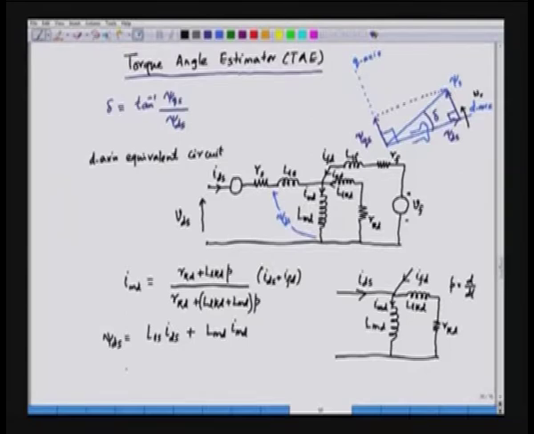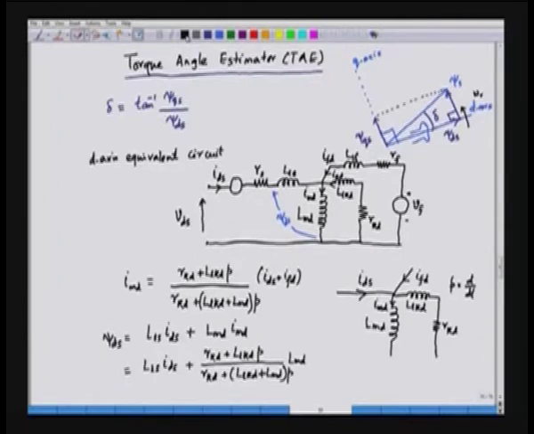So, this we can simplify and expand this, that is LLS into IDS plus (RKD plus LKD P) divided by (RKD plus LKD plus LMD P), and then we have got LMD here, again we have to multiply with LMD, and then the currents can be written here.